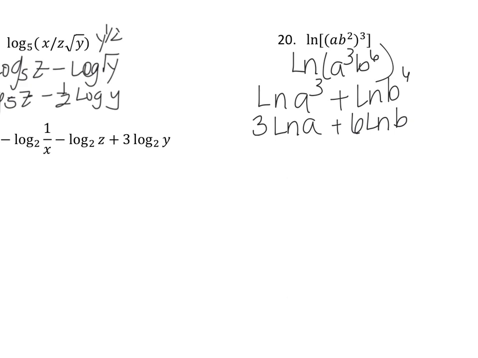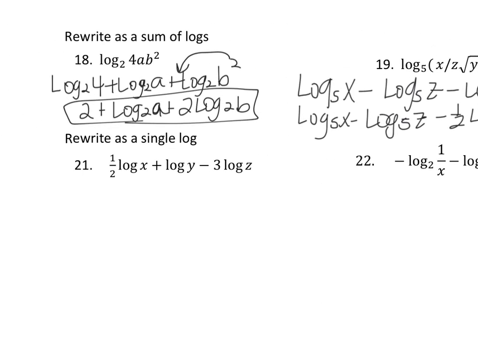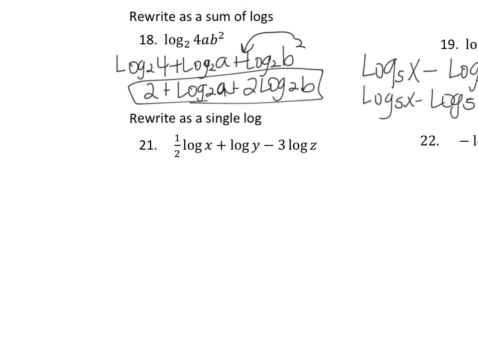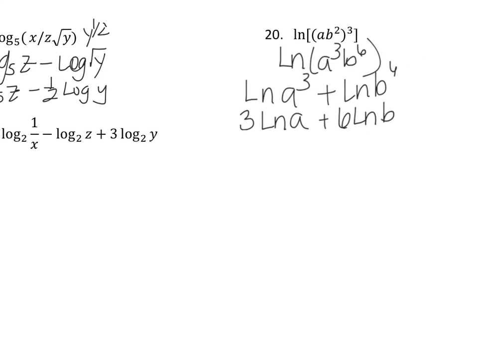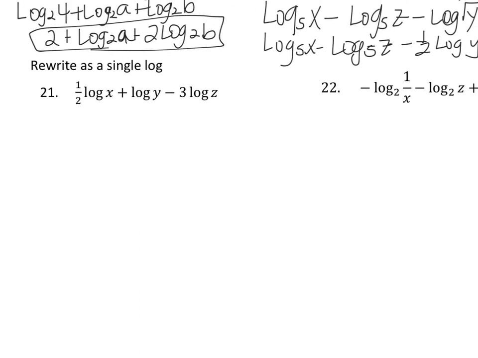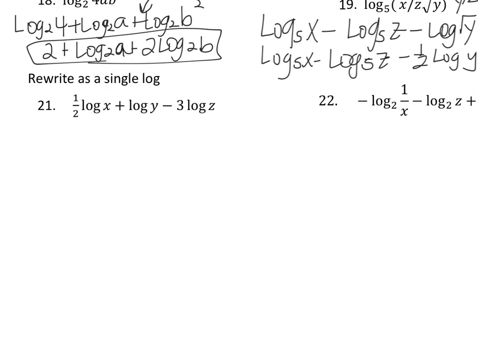And lastly, condensing. 2 more and we're done, I think. Yep, last 2. Okay, so number 21, 1/2 log of x plus the log of y minus 3 log of z. So addition becomes multiplication, subtraction will become division. So z is going to end up in the denominator of my fraction.